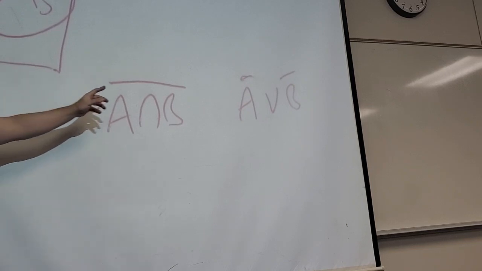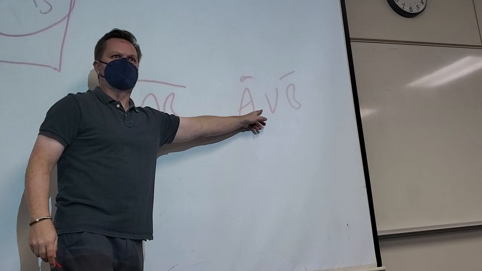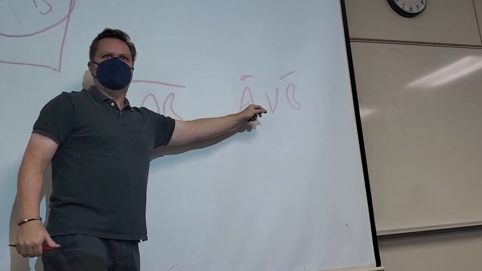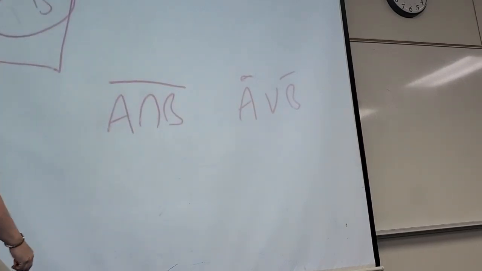Why would it make sense that these would be equivalent? What does the result have? It has everything that's not in A or not in B. That actually represents the same area of the picture. So it makes sense. If you give me a concrete example, it's got to work.